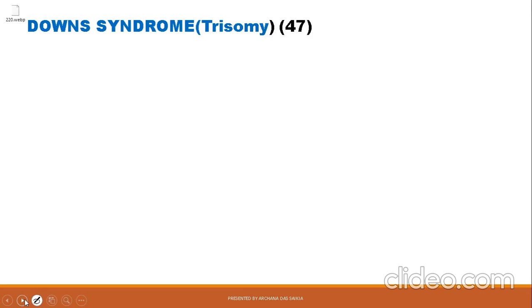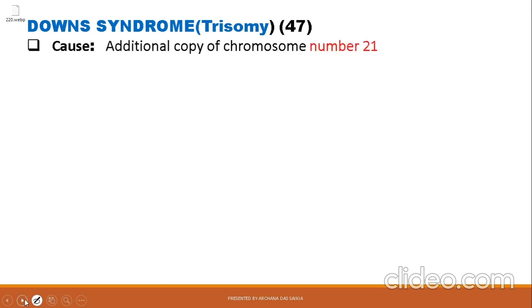Now we will study a few cases of chromosomal disorders which happen in humans. Down's syndrome. Down syndrome is a case of trisomy in which the human being has 47 chromosomes. Here, there is an additional copy of chromosome number 21.